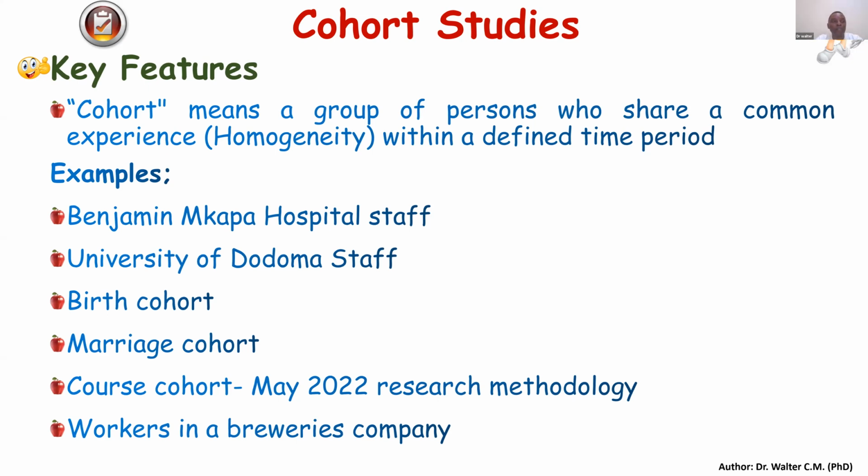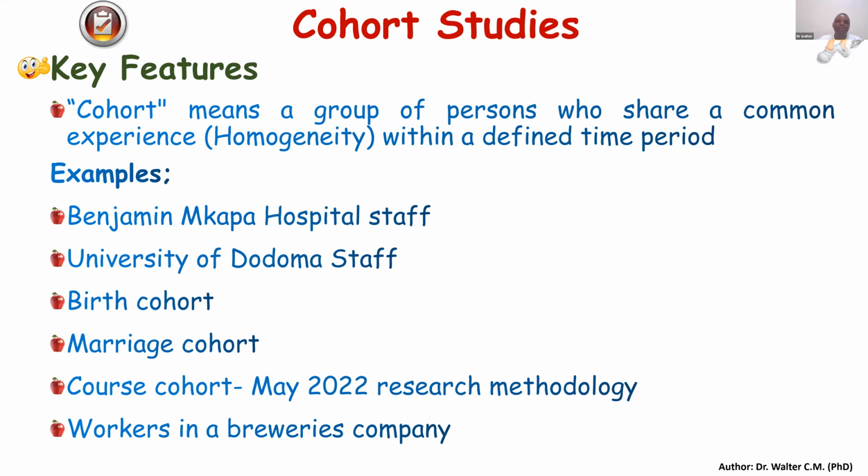Sometimes you can have your friends or your colleagues, you select yourselves that we were born on the same date, the same year. So you group yourselves and call yourselves friends because we were born on the same date and same year. If we meet like that, sharing each and everything, working together, we may term you a cohort of people with the same birth date. See? Sometimes we have groups, they unite together. Those who are married, they call themselves and they form a group.